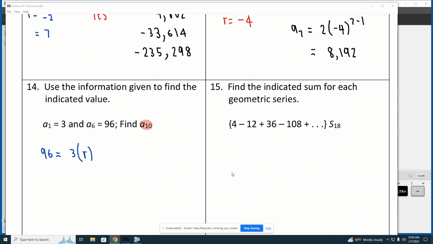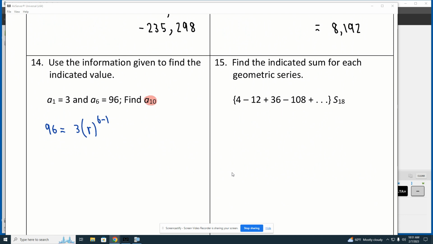N is, so you do 6 minus 1. Now we can solve. And y'all are smart. Y'all know how to solve this. We got to get R alone, right? So what do we got to move away from it? How do we move the 3? So what's 96 divided by 3? So 32 equals R to the 5th.